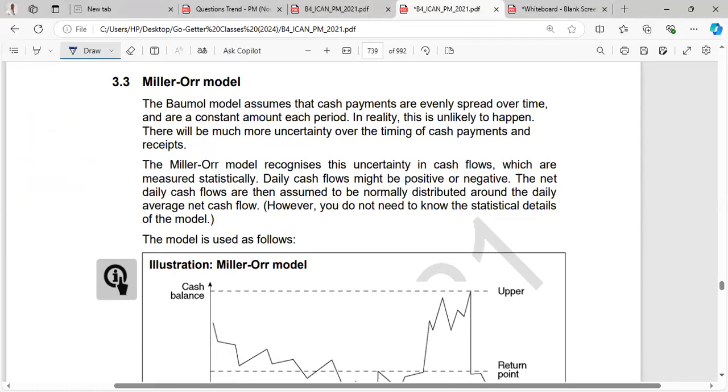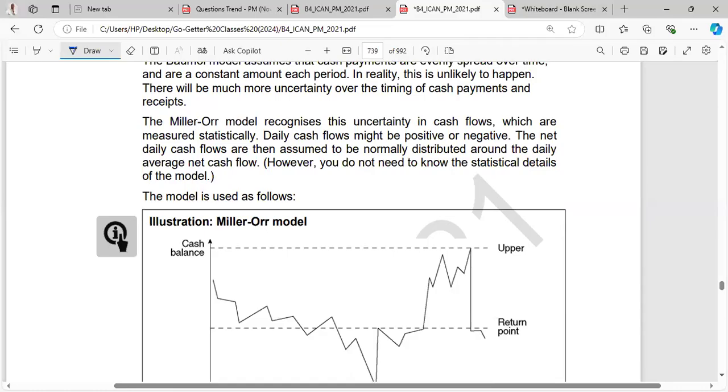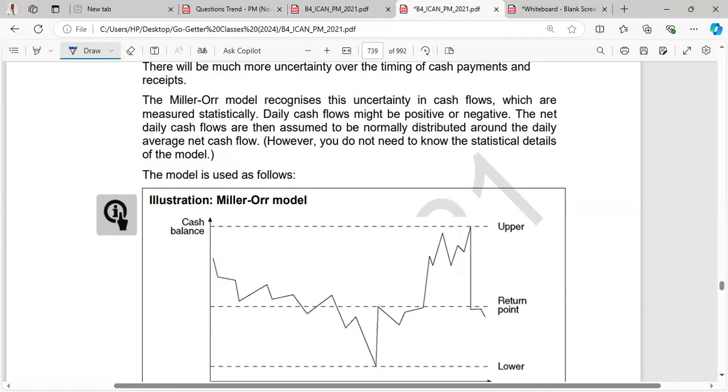The Baumol model assumes that cash payments are evenly spread, but in reality, this is not likely to happen. Most times in your exam, you will be asked to use the Miller-Orr model. The Miller-Orr model recognizes cash uncertainty, which is measured statistically.